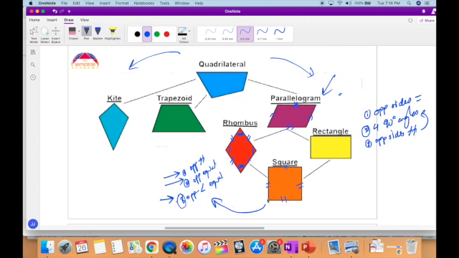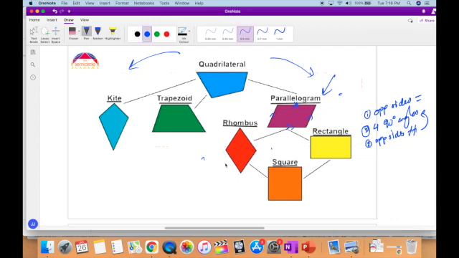Yes. So we can see here that a square is also a rhombus. So a square is a rectangle and a square is also a rhombus. But guess what? A rhombus is not a square. So the square is a very, very special guy.